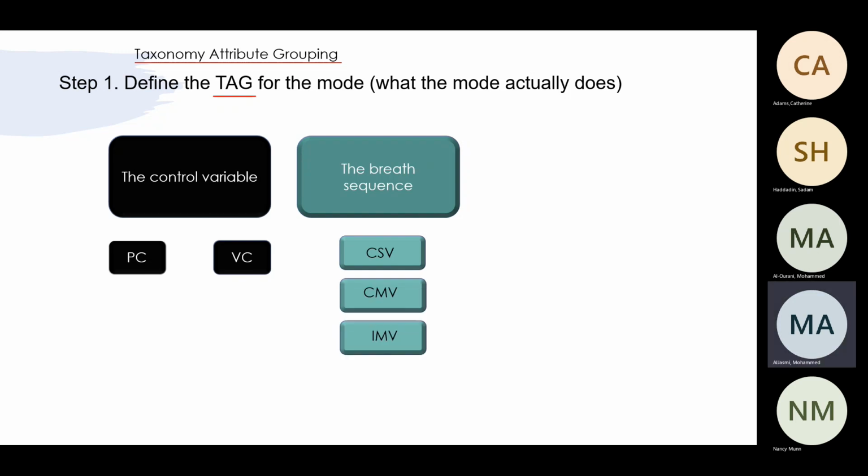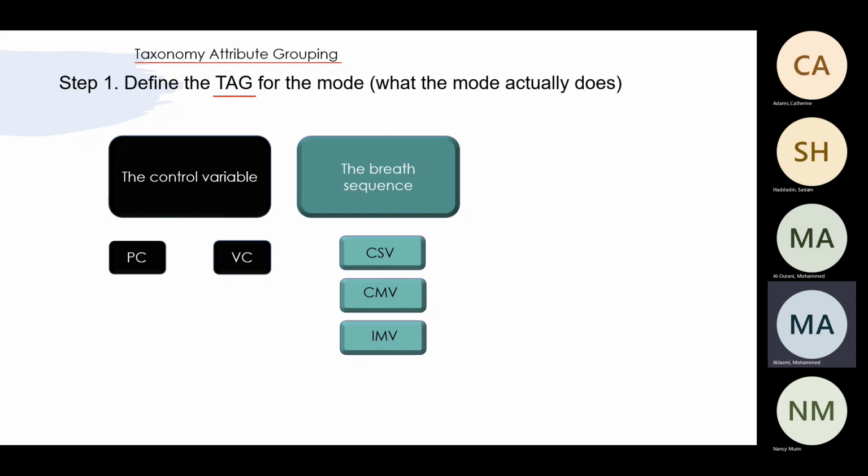We have the continuous spontaneous ventilation, where the patient triggers and ends the breath. We have the mandatory one, which is the CMV, where the patient triggers and the machine ends, or the machine triggers and ends. So there's a control for the machine.